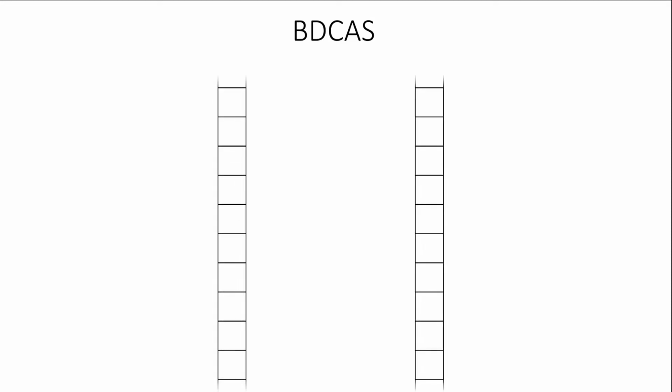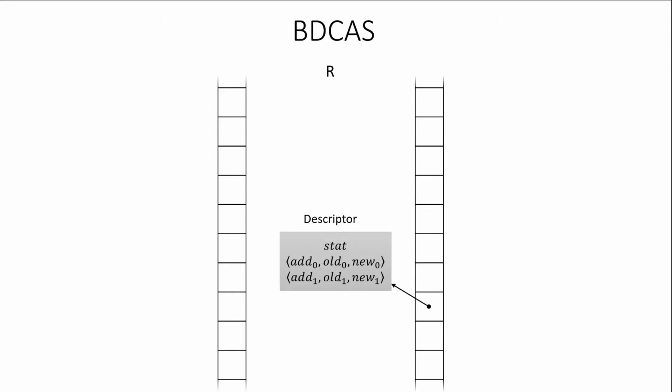Recall that BDCAS works exactly as DCAS, except that the array is partitioned into two parts, a left half and a right half. Array entries affected by a BDCAS operation must be in different halves. We use an array R to store the entire state of the data structure. Each array entry stores a pointer to a descriptor.